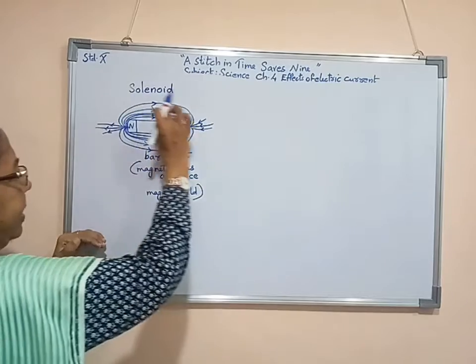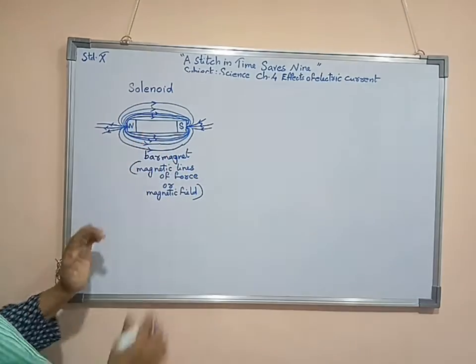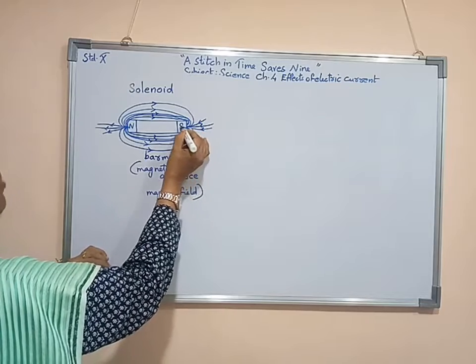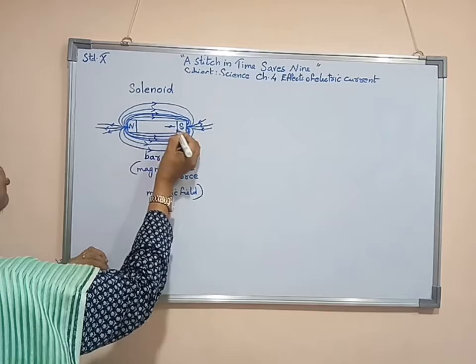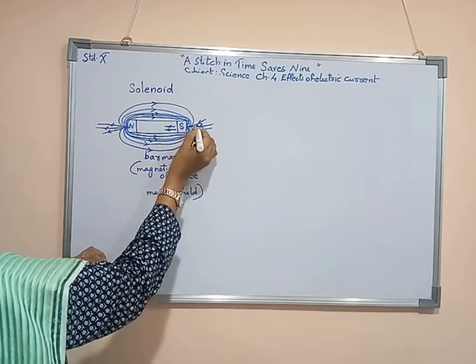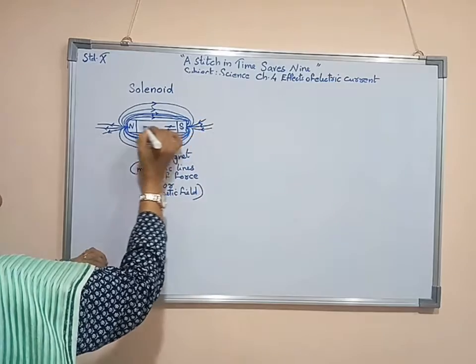Now inside this bar magnet, magnetic lines are moving from the south pole to the north pole. You see here it is coming and joining here, again it is passing through.